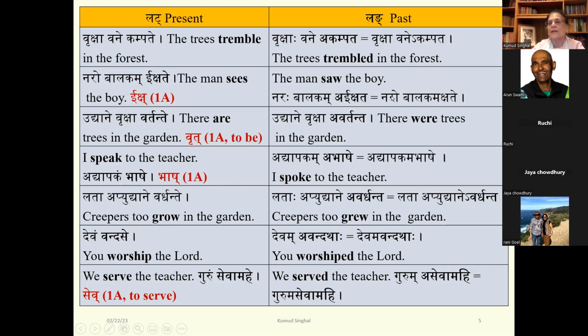But the a and the e are not combined in any way at all. No, because you could apply a vowel sandhi, but you're not going to do that. Here the sandhi doesn't apply. Only if it was an upasarga, then that sandhi will apply. I see. Got it. Thank you.